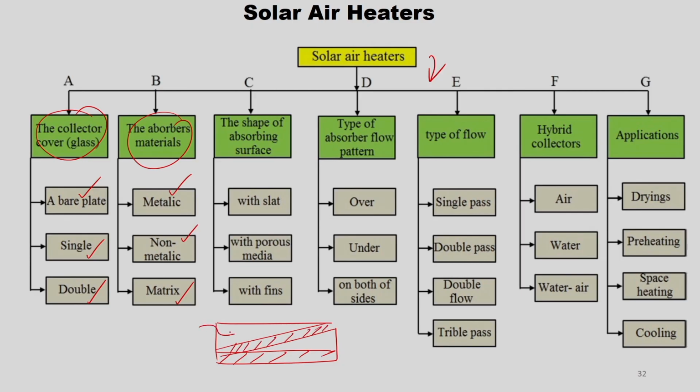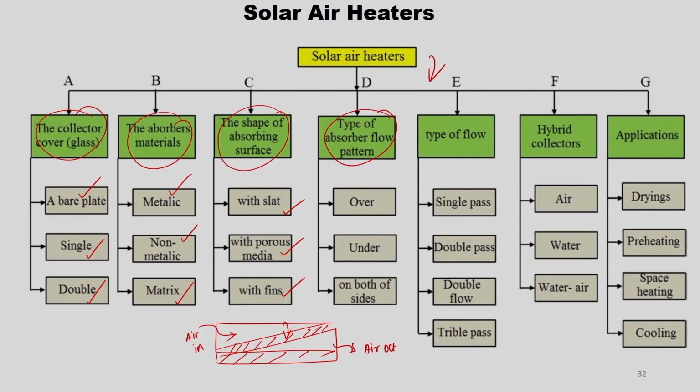This is your air in, this is air out. Since the air is passing through the porous matrix, the turbulence increases, in that way heat transfer increases and that way efficiency. The shape of the absorbing surface may be with slat, porous media, with fins etc.